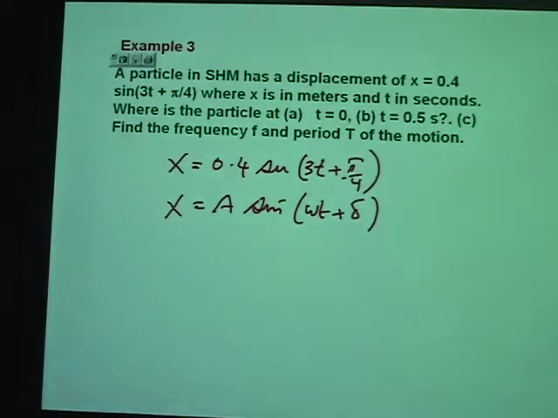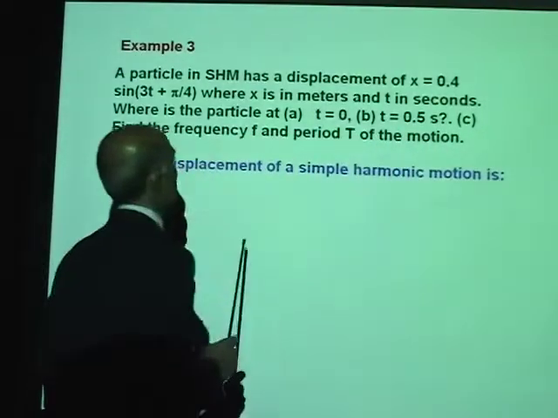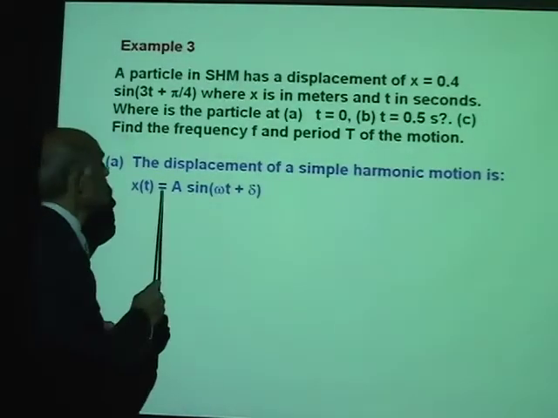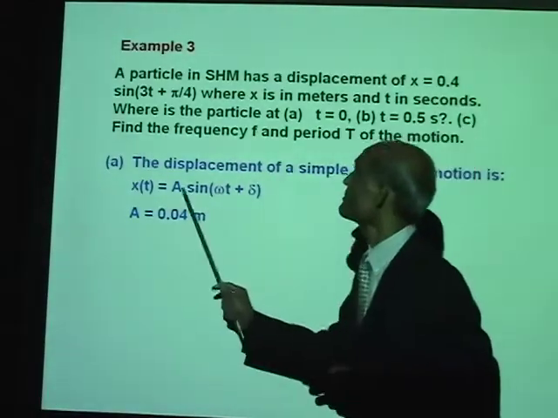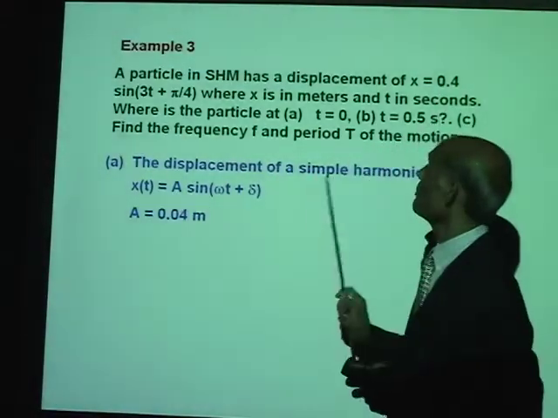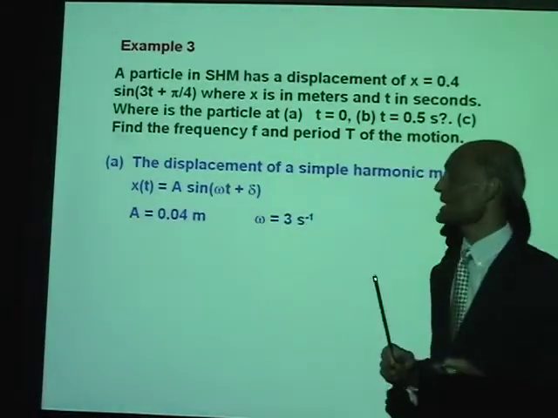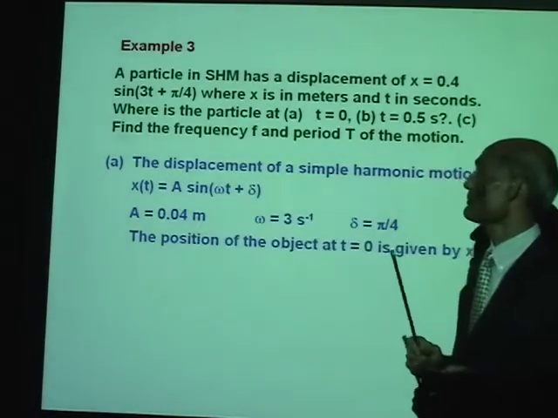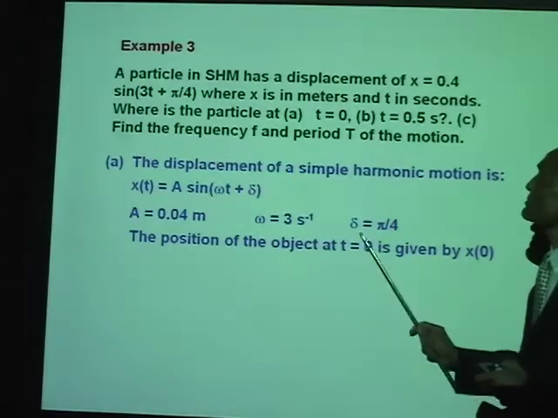All right, let's write down these steps. So, what do we have? The displacement of a simple harmonic motion is x of t equal to a sine omega t plus delta. That gives me a equal to 0.4, omega equal to 3 per second, and delta, the phase angle, is pi by 4. We need to find the position of the object at t equal to 0.